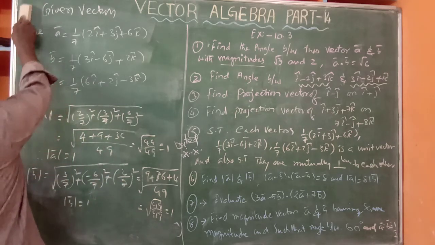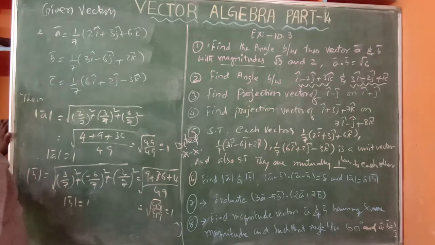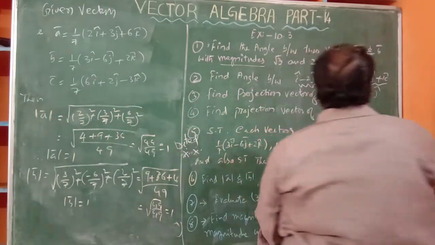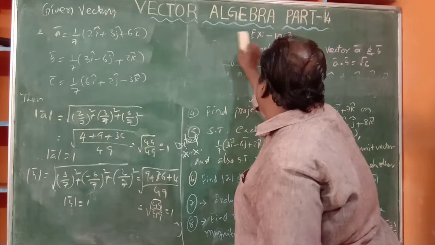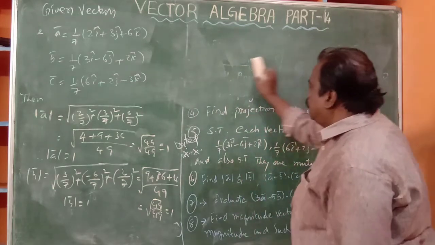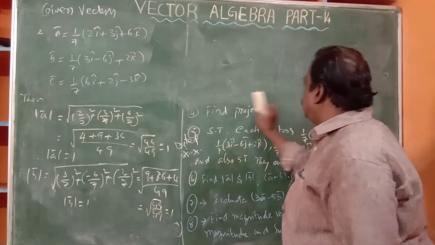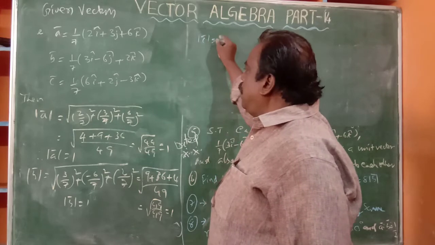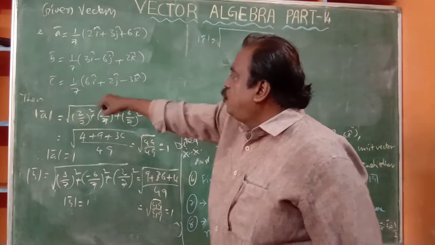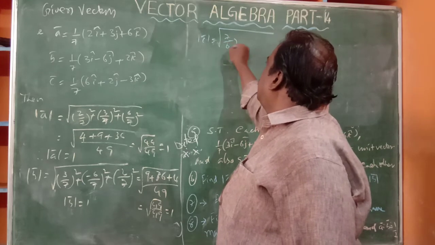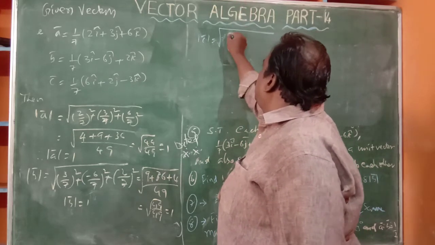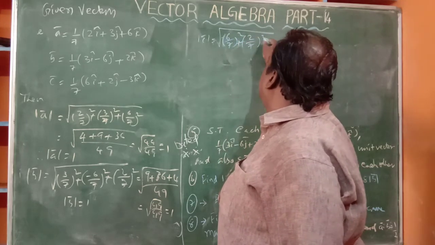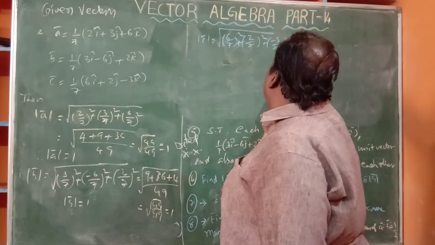Similarly, we find mod c bar. It is also the square root of (6/7)² + (2/7)² + (−3/7)².